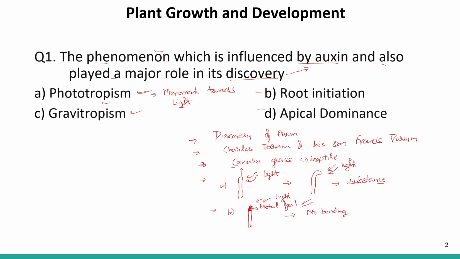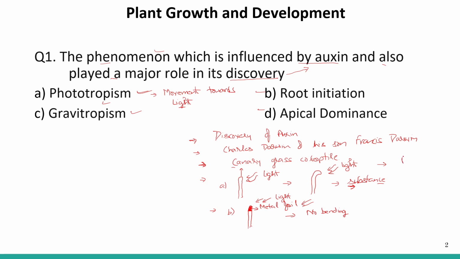Then later, if the light is allowed to pass through this foil, or you can say a transparent substance is applied instead of the metal foil, then again bending was observed. From this they concluded that there is some substance causing the bending towards the light, and this bending of the coleoptile or the shoot tip is known as phototropism.